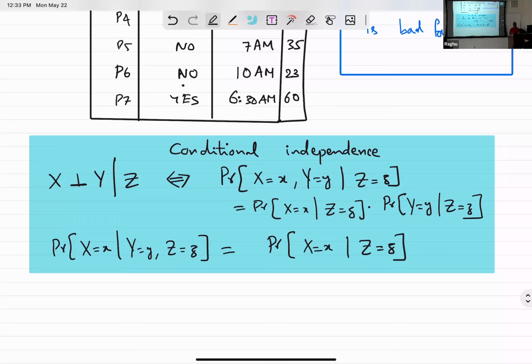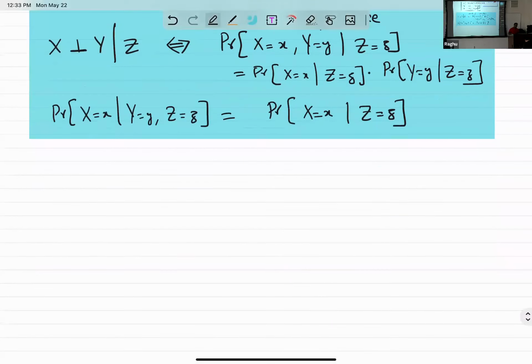In fact, perhaps the correlation will be opposite. Okay. Any questions about this? Right. So especially when you're working with medical data and so on, looking at conditional independence and conditional correlation is very important.